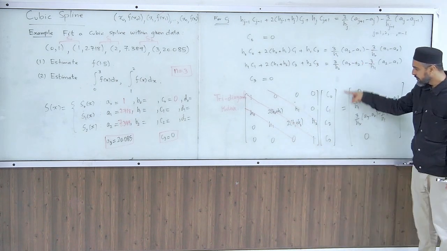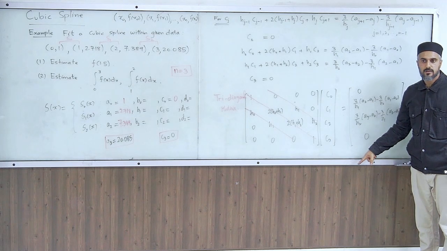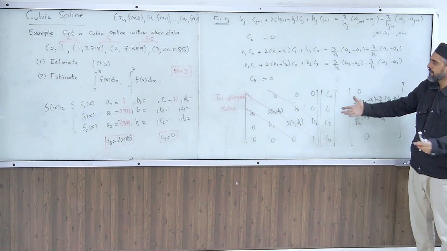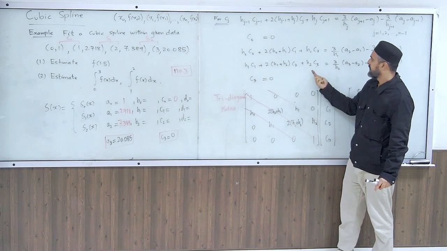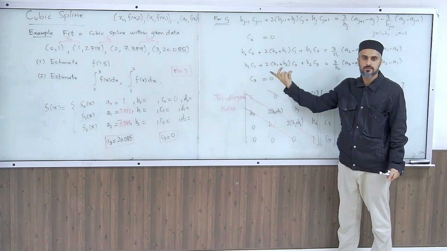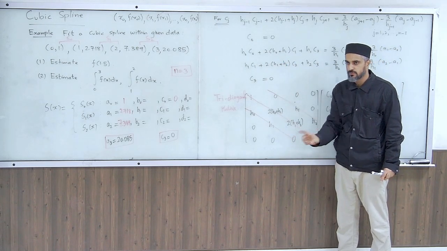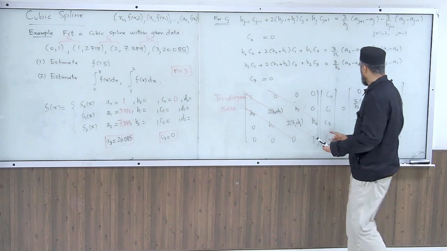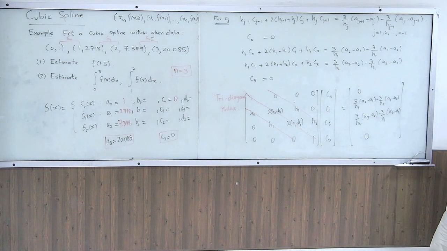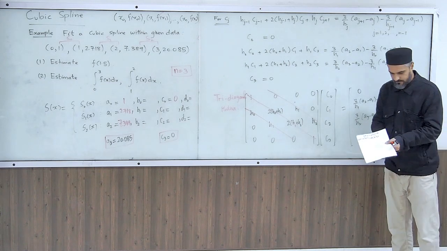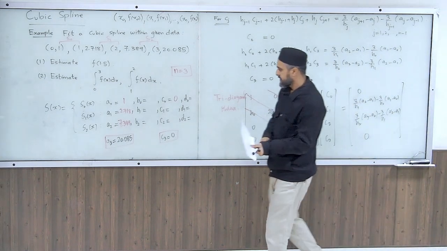Now you will find the Cj's from here. Generally speaking, particularly in this question, you can plug the value of C0 here and the value of C3 here. So you can just solve these two equations and you'll be able to find C1 and C2. I have found them, and the values of C1 and C2, let me write over here.